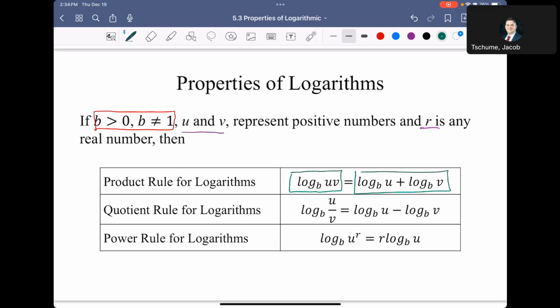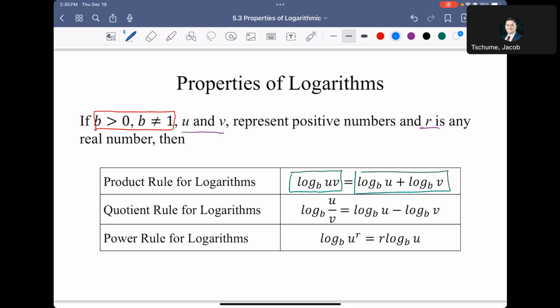So log base b of u times v is equal to log base b of u plus log base b of v. We can use this in an expansion and condensation idea, where if you have multiplication, you can break multiplication into addition. If you have two logarithms added, you can put those together as multiplication.